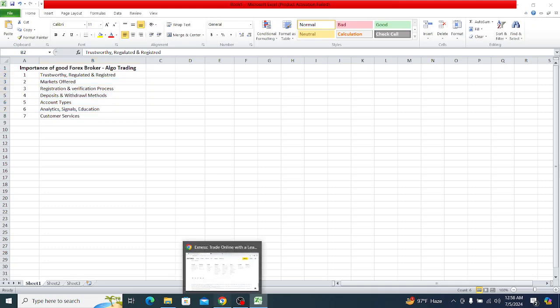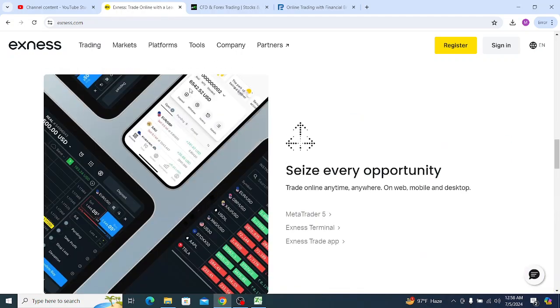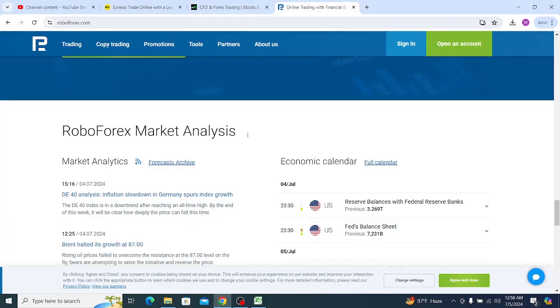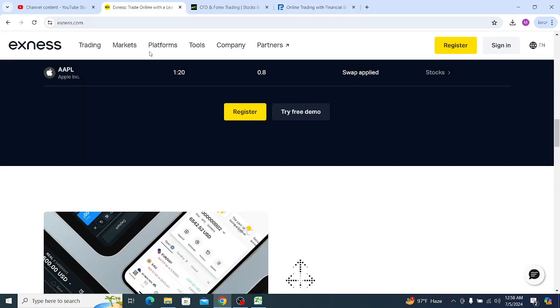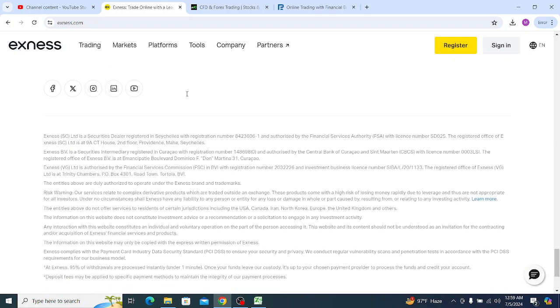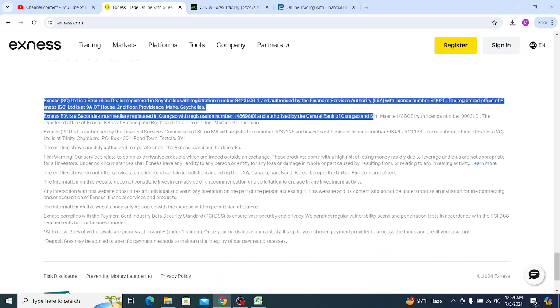I have opened some of the brokers' websites: Exness, IC Markets, and RoboForex. For any broker, when you go to their website, just go down to the bottom of their main page, and there you will see their registrations and regulations.